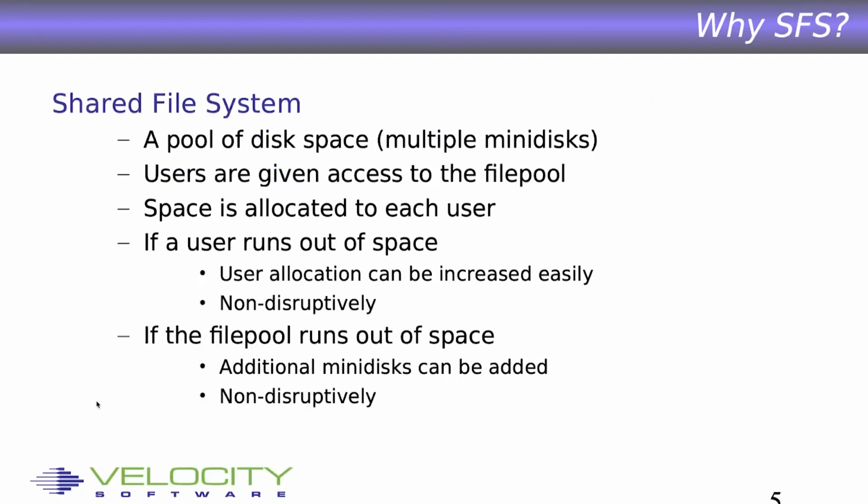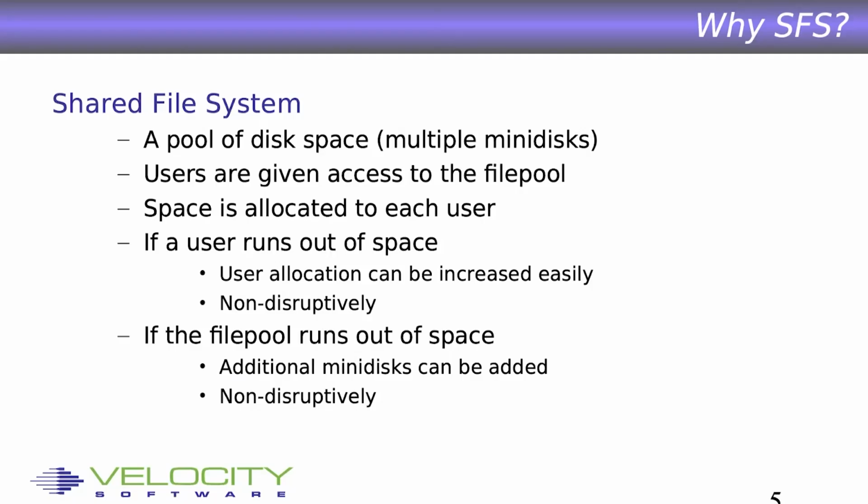But the shared file system provides a pool of disk space. So it allocates multiple mini disks, typically on different volumes. So they'll usually be full volume mini disks. Users are given access to the pool and space is allocated to each user. If the user runs out of space, the allocation can be increased very easily and non-disruptively.